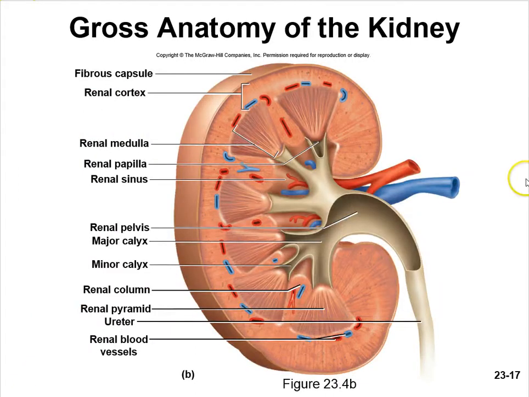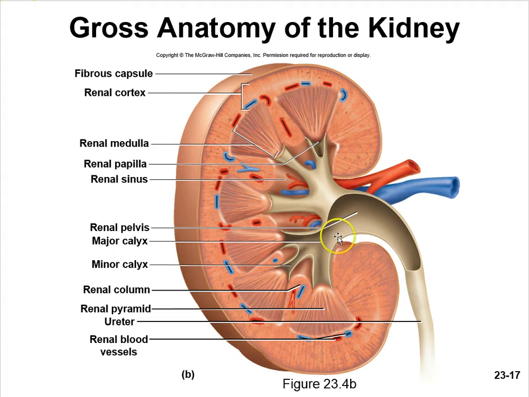In this diagram, you can locate the structures we've just mentioned, including the fibrous capsule, the cortex, which is the outer layer, the medulla, the inner layer, the renal papilla, the renal sinus here, the renal pelvis, the major calyx.